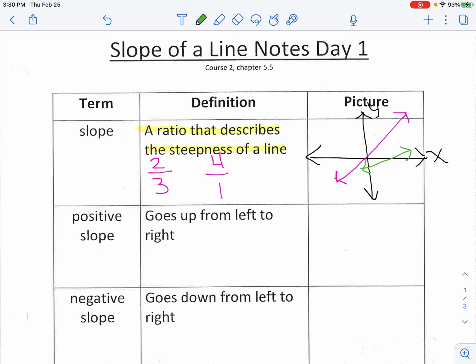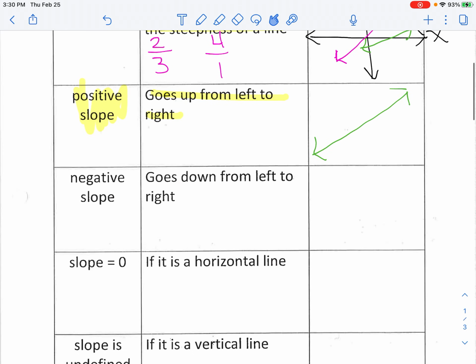So moving on to positive slope, down here, what does it mean if the slope is positive? If it's positive, the line is going to go up from left to right. So when you solve for your ratio, if your answer is a positive number, when you graph it on the coordinate plane, your line should be going up from left to right as if you're climbing uphill.